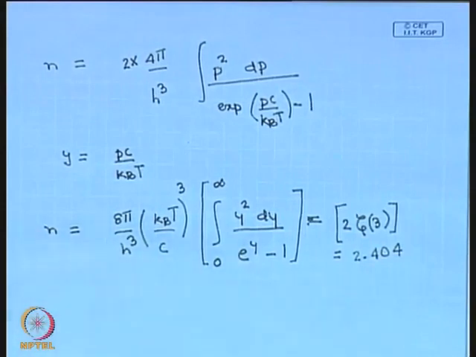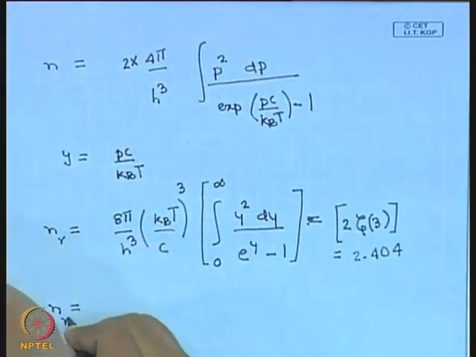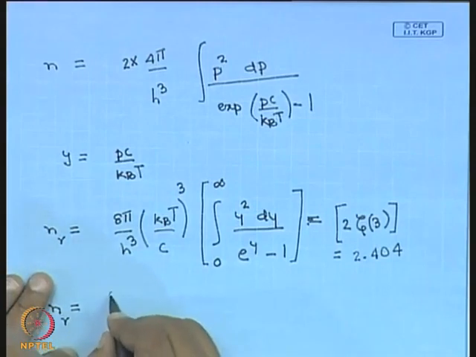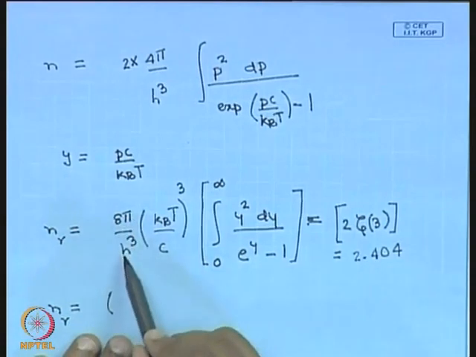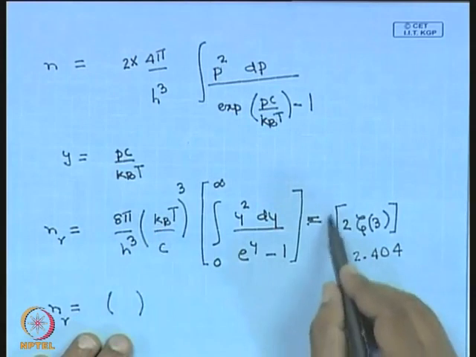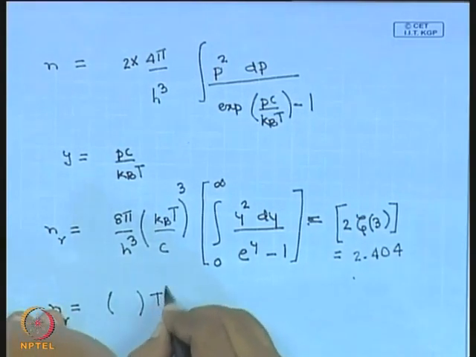So what do we find from here? We find that the number density of photons is some constant which I will not write down the value, but the constant involves 8 pi, h cube, the Boltzmann constant, the speed of light, and 2.404. So which are all known. Okay, so you can determine this, and it is proportional to T cube.